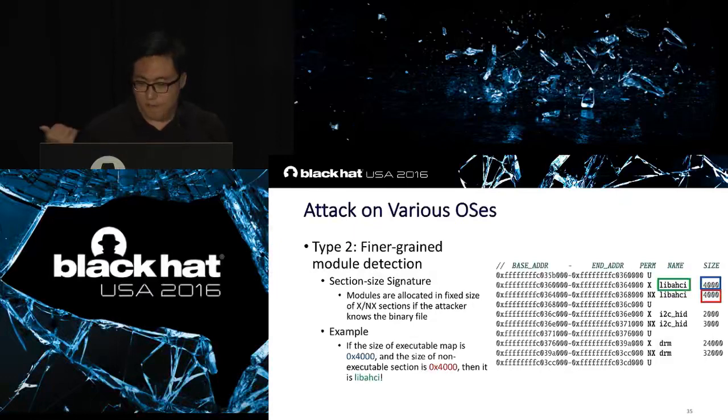For example, in the first entry, libahci has 4,000 size for the executable and 4,000 size for the non-executable area. So if some module has 4,000 on X and 4,000 on NX, then it will be libahci. So we also run this kind of attack to figure out the location of the kernel modules.